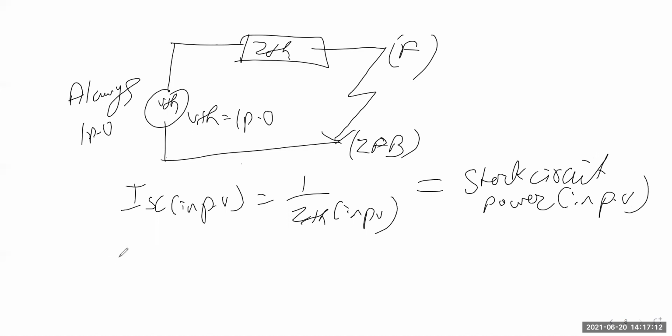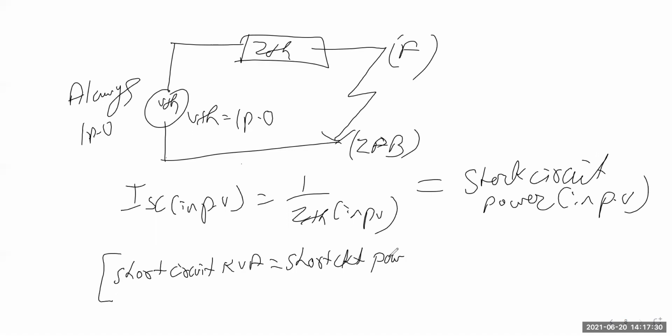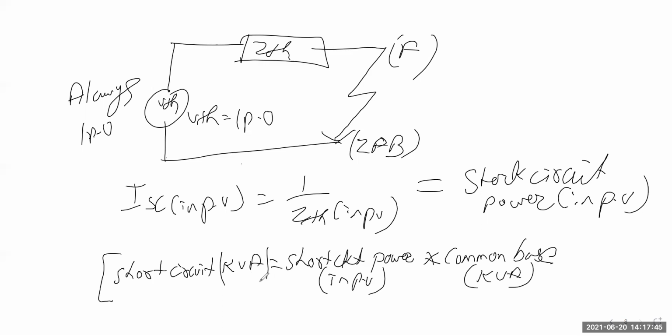So it could be written in a very nice way that short circuit kVA would equal the short circuit power in per unit into the common base kVA. This is what we could analyze and write.